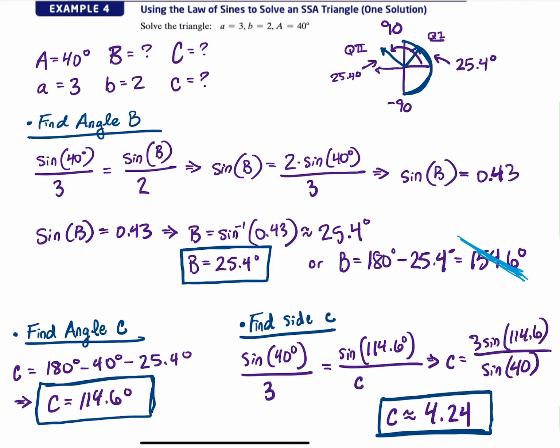So we found our two missing angles and our missing side length. And when you do this, if you have a particular problem where you end up having to find one of the missing angles using an inverse sine function, keep in mind that there might be two potential solutions. That's what we had here.